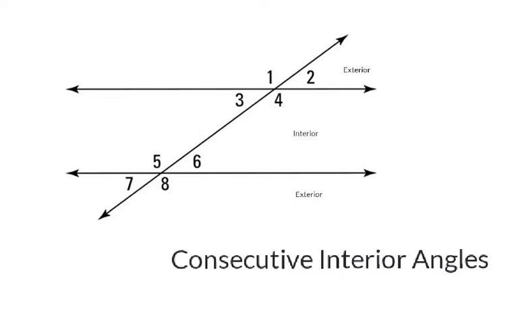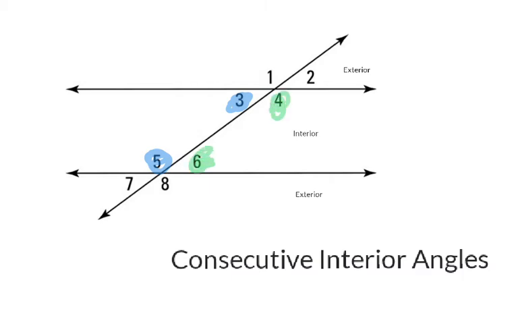The next up are consecutive interior angles. This means I'm going to be inside the two lines, and consecutive means one right after another. So first off, I'll go with angle 5, and I'm going to stay in the interior, and consecutively go to angle 3. The only other option is 6 and 4.